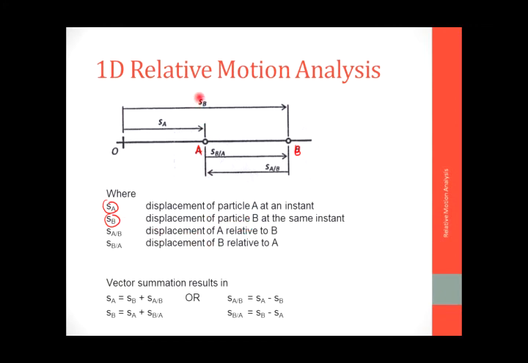The displacement of A with respect to B is S A/B, that means A relative to B, so the displacement of A relative to B is from B to A.